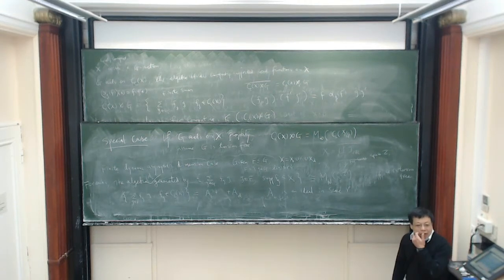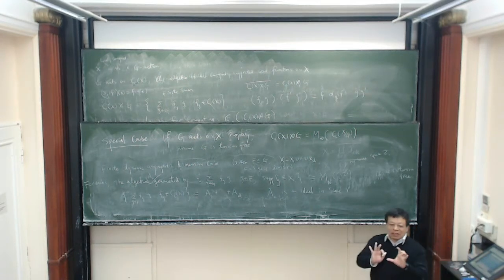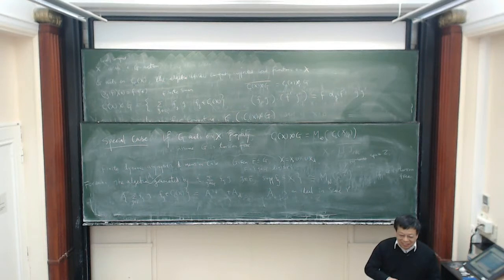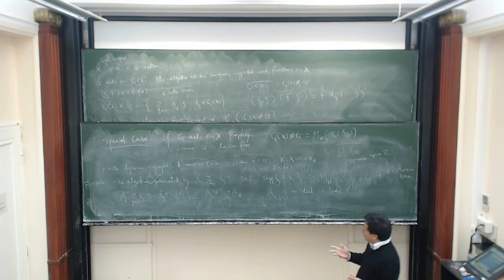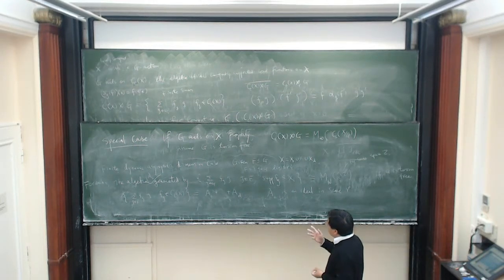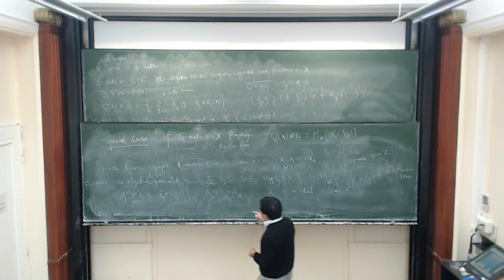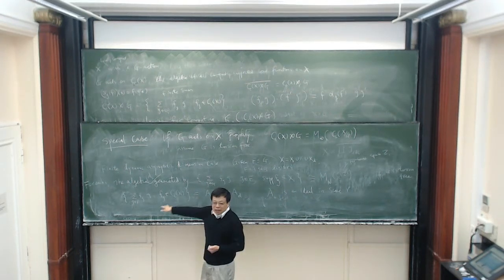Now, I don't want to define that. Let me almost define that. So what is an ideal? An ideal is something such that if you multiply it with something here, it's still in here.